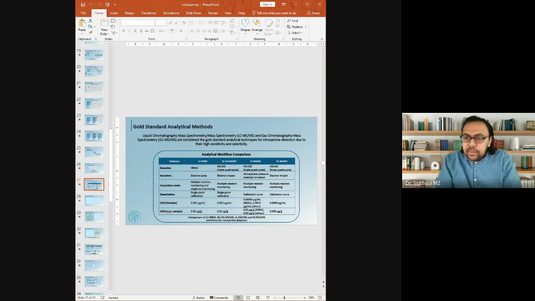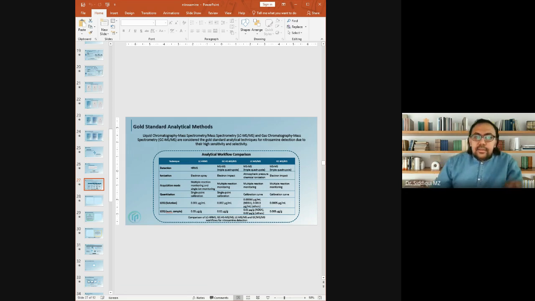In the case of LC-MS/MS for NDEA, that is N-nitrosodiethylamine, the LOQ is 0.0006 microgram per ml. So that shows that LC-MS/MS has the superior sensitivity, and it can produce better results.